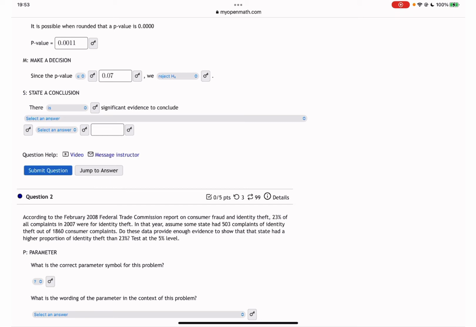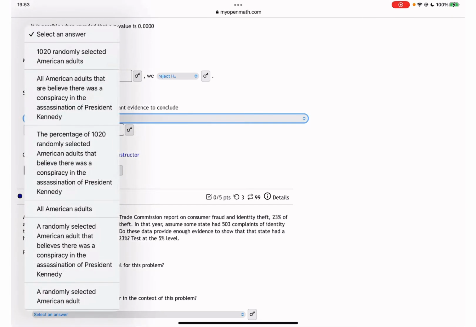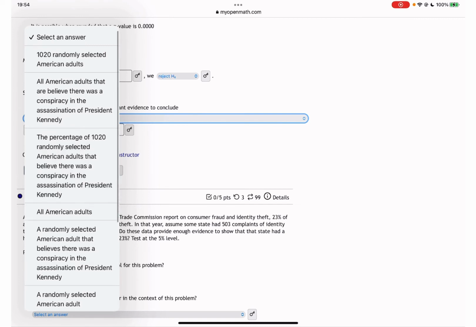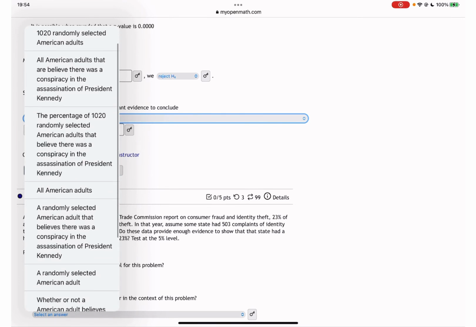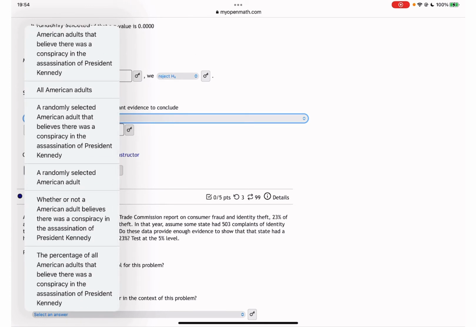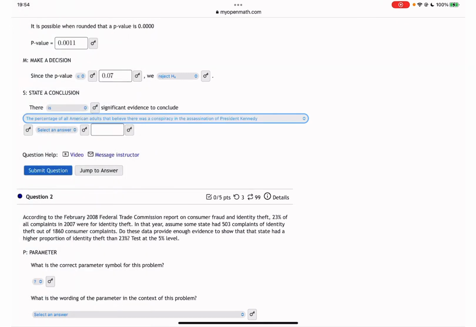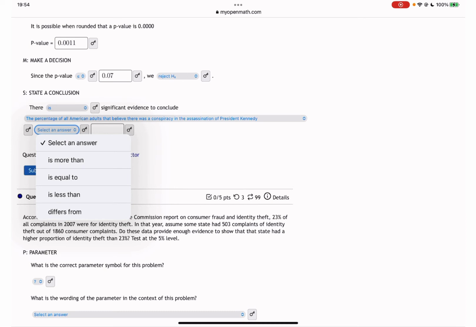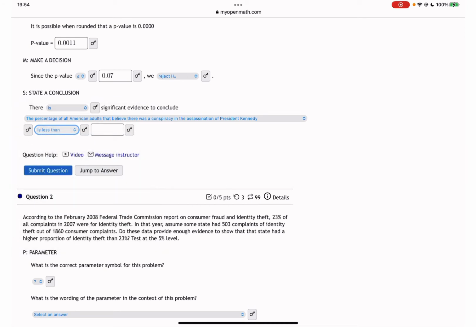So then we draw the conclusion that the percentage of all American adults that believe there was a conspiracy in the assassination of President Kennedy is less than 0.81.